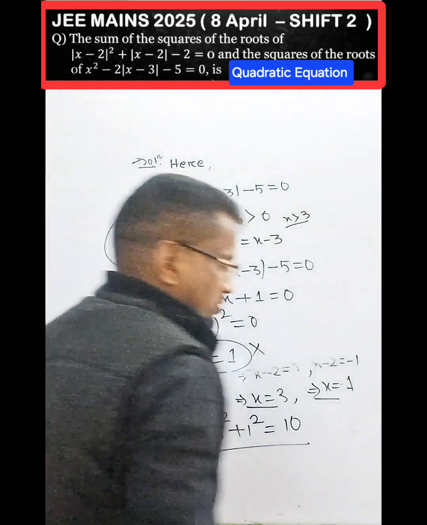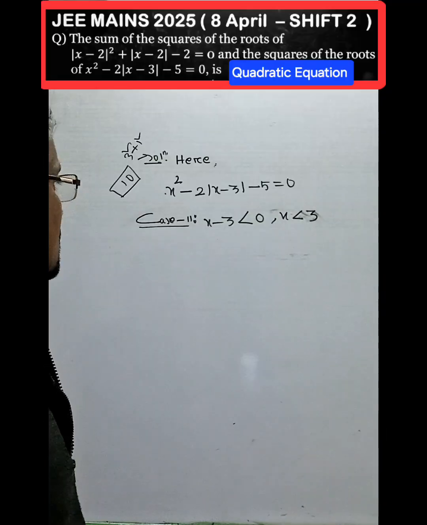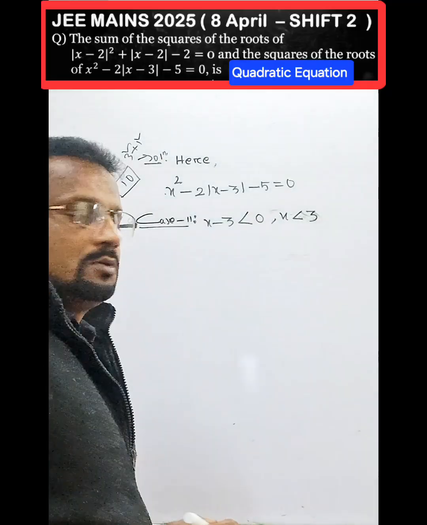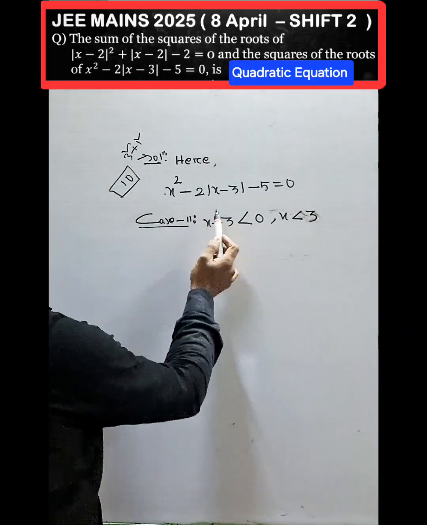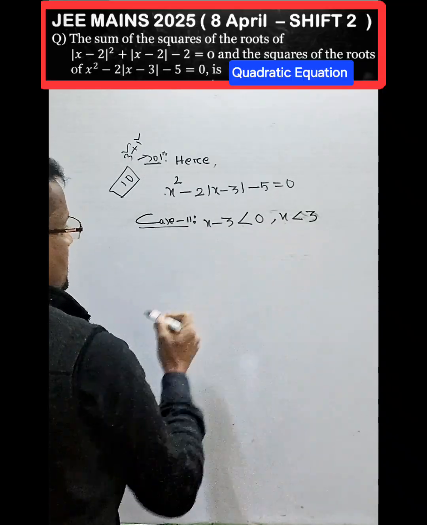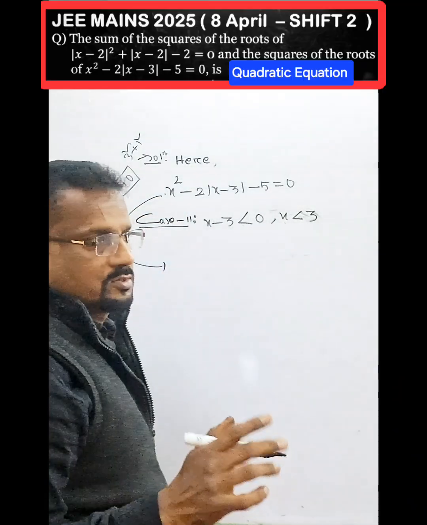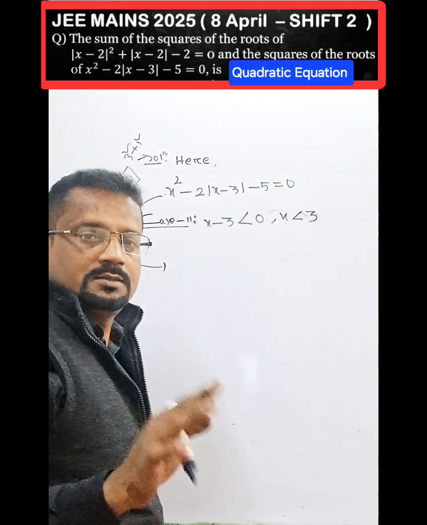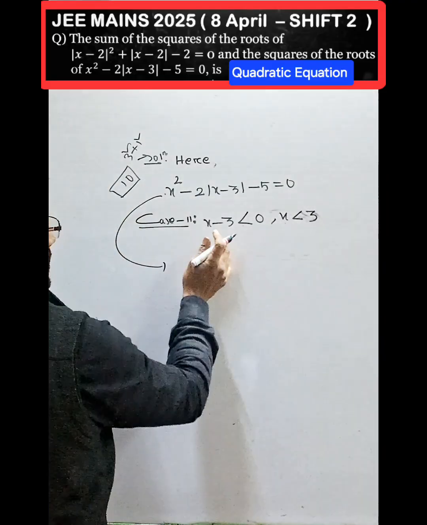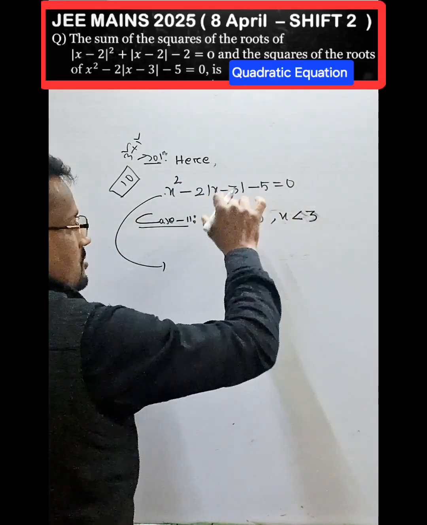So now case 2. Under case 2, suppose x minus 3 less than 0, that is x is less than 3. So in that case, you know modulus of x equals minus x when x is less than 0. So similarly here, modulus of x minus 3 will be minus of (x minus 3).